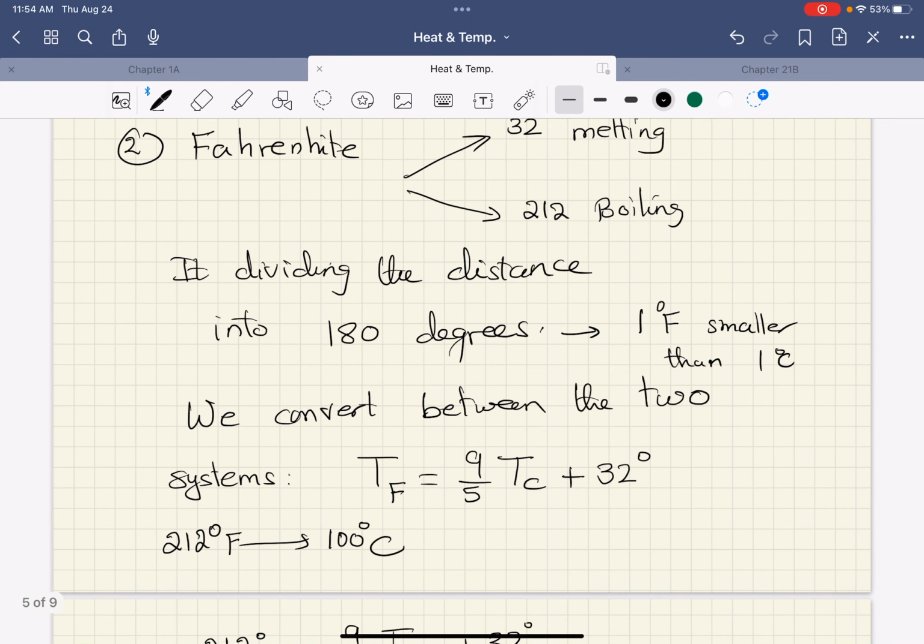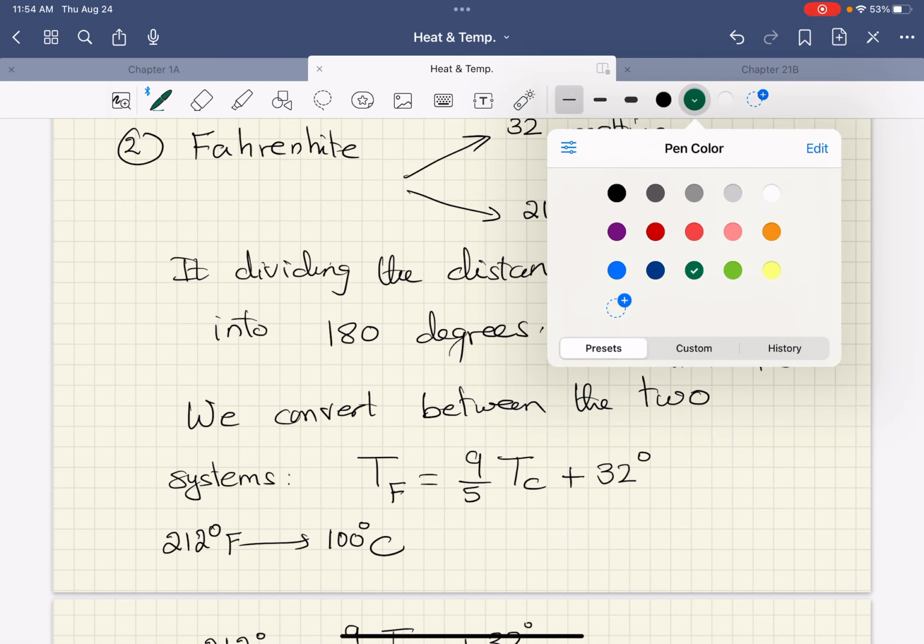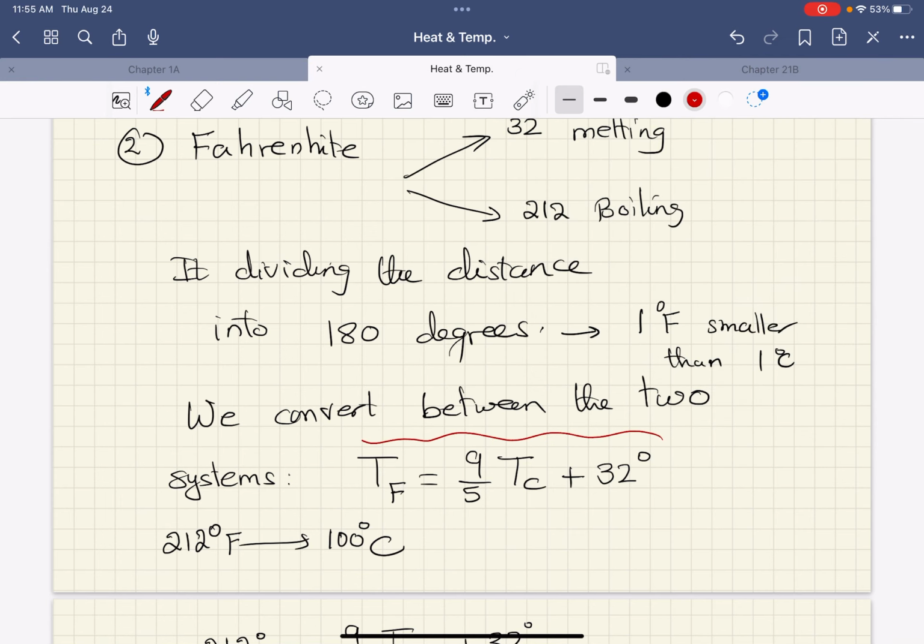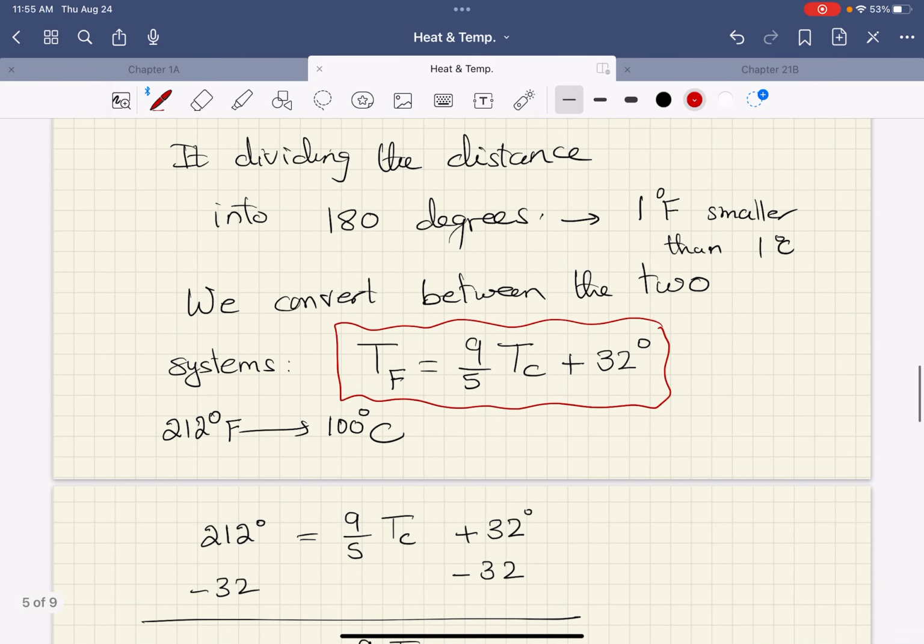If we wish to convert between these two scales, in the United States we use Fahrenheit widely. TF, the Fahrenheit temperature, equals 9/5 the Celsius degrees plus 32. For example, I will show you here. If I want to convert 212 Fahrenheit, does it equal 100?